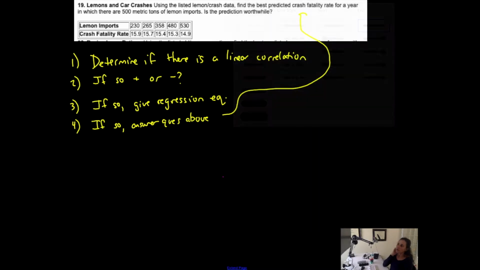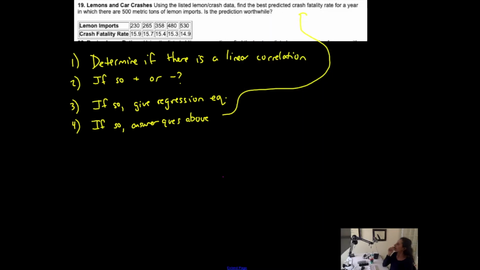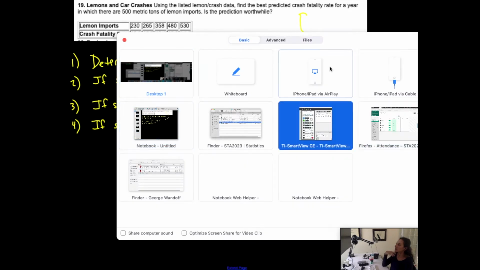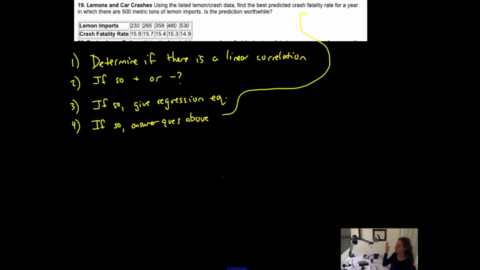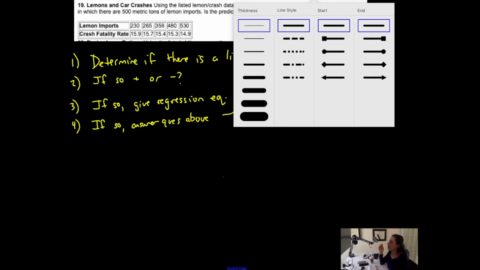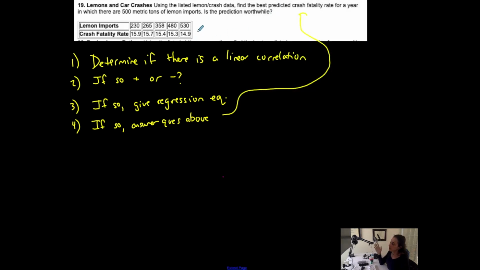So let's go. First thing I want to do is look at the graph. I want to see, does it look like it has a linear correlation? But actually, before I do that, I do also want to determine what would represent my x and what would represent my y. Would lemon imports be dependent on crash fatality, or would crash fatality rate be dependent on lemon imports?